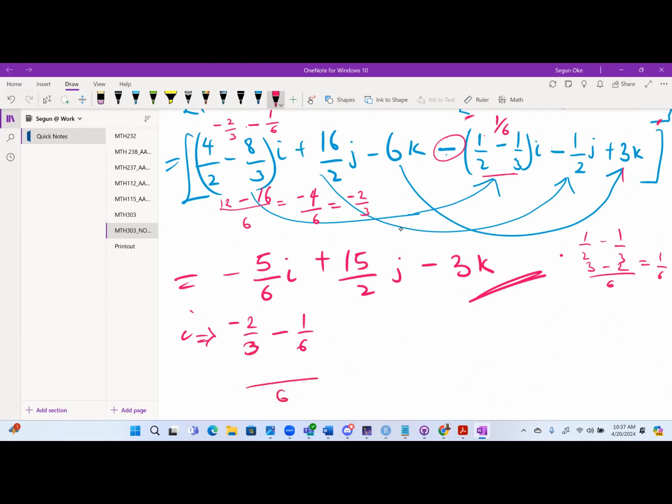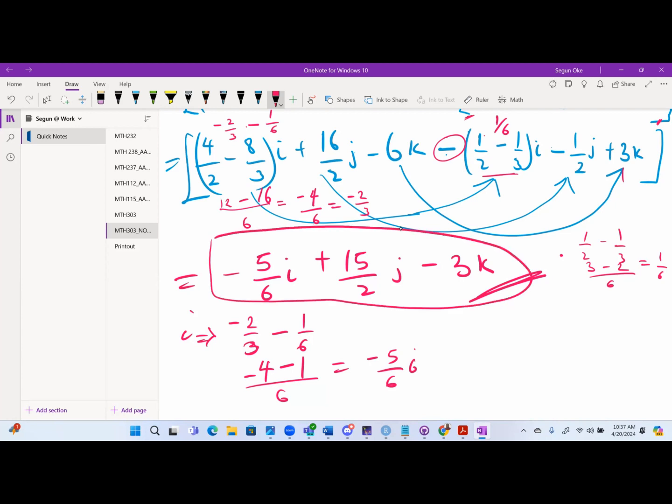This is 6. How many 3's here? 2. 2 times negative this. Minus 4. Minus 4. 1. Minus 1. Minus 5/6. Is it not the same thing we have here? Yeah. So that is how you resolve it. Don't just jump the line.